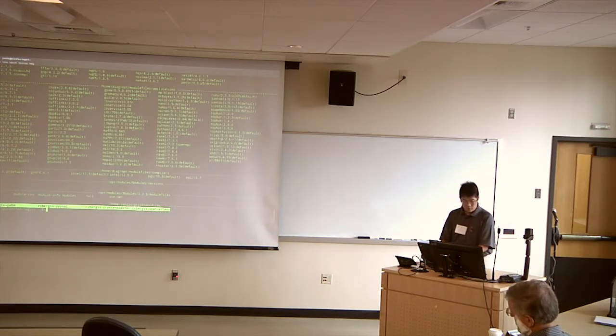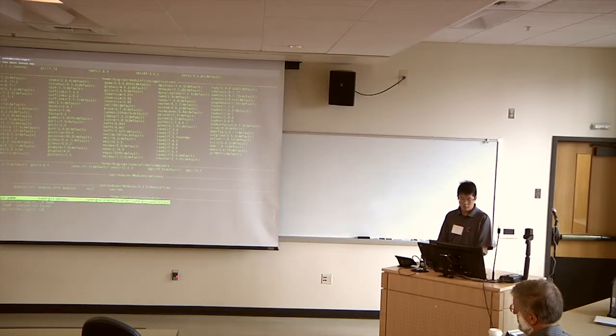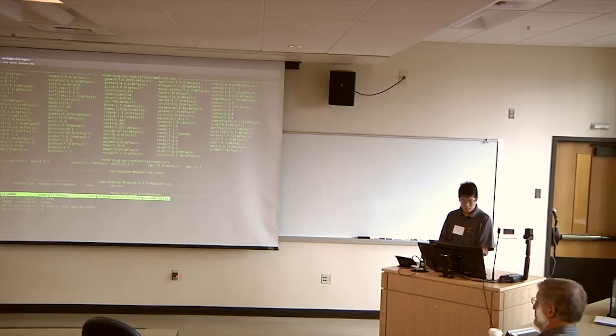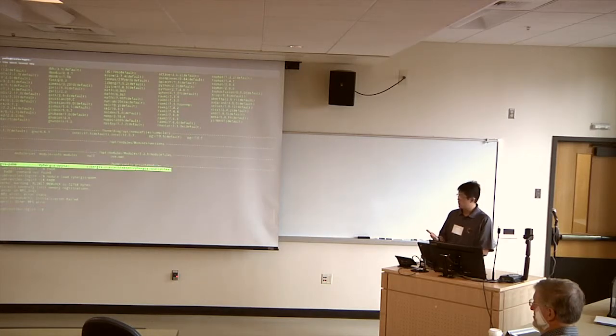For example, if I say this parallel ABM code, if I just type that, you cannot find it. This software environment supports the dynamic loading and unloading of software tools. If I do module load PABM, now at least it tells me it needs some parameters.